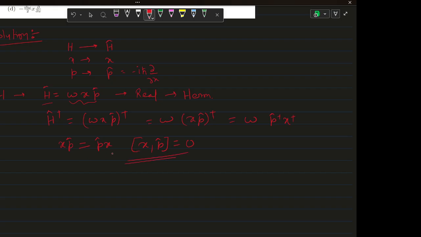Okay, so here we can write ω p cap x. So this is not equal to H cap.